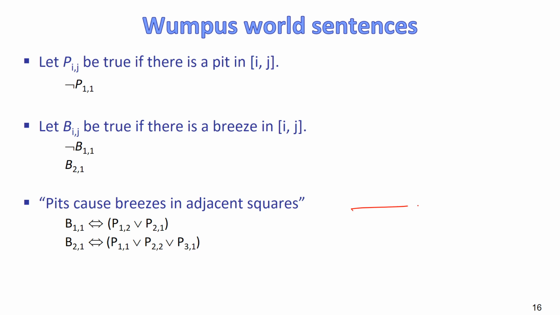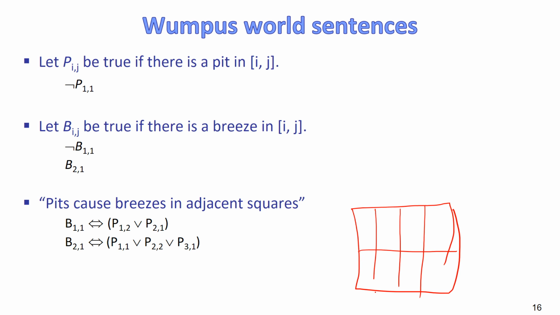if you remember, we had this 4x4 cave. Okay, so this is 1, 2, 3, 4. This is 1, 2, 3, 4. Okay. Now, if we sense a breeze in B11, so we sense the breeze here, that means that we have a pit here, or we have a pit here, right?